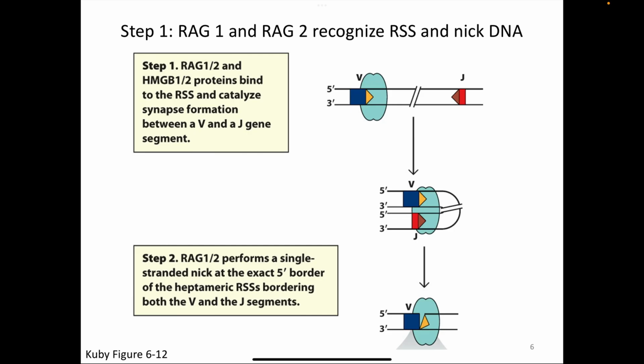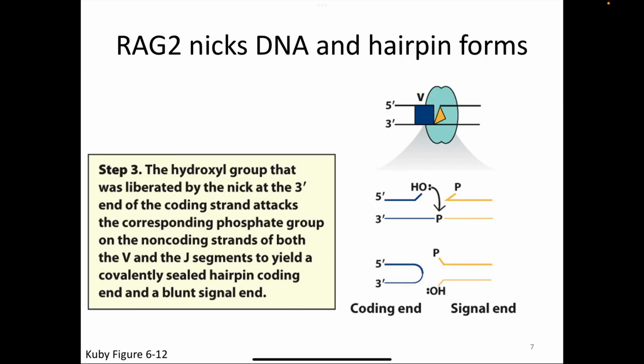So when I say RAG2 nicks the DNA, that means it's breaking one strand but not the other. And you can see that single-strand nick here. You can see that we get this break on one strand, but the other strand is not broken as part of our nick.